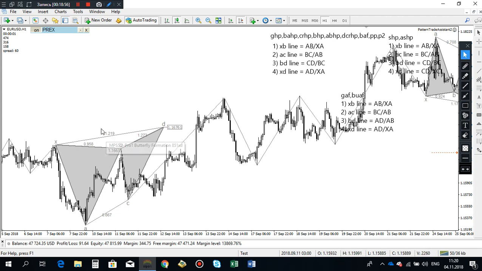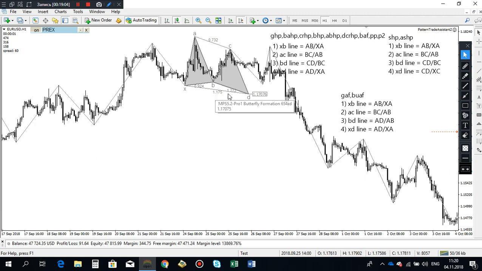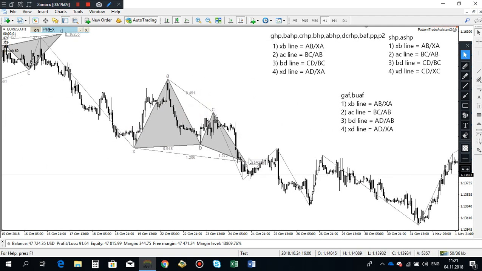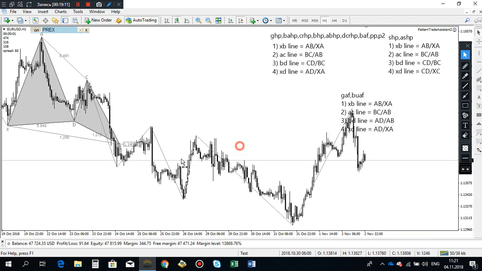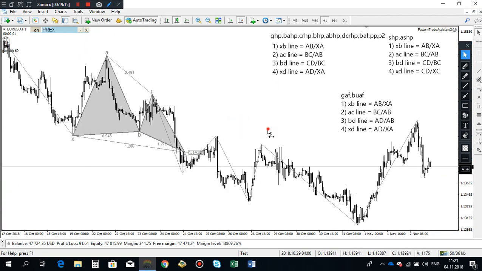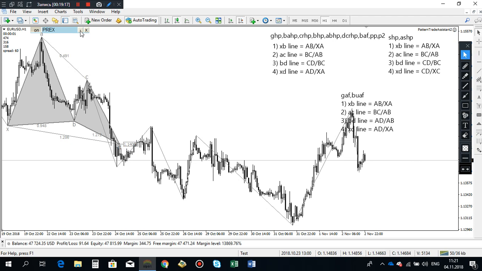Of course, compared to the XA leg, it can be 121.9, it can be something else like 117, it can be anything. You see that? So this is the butterfly advanced formation.